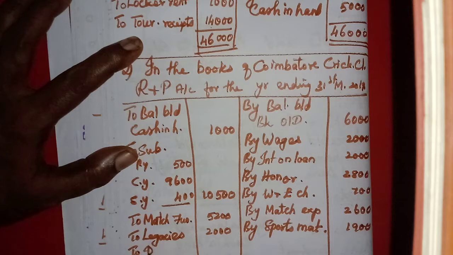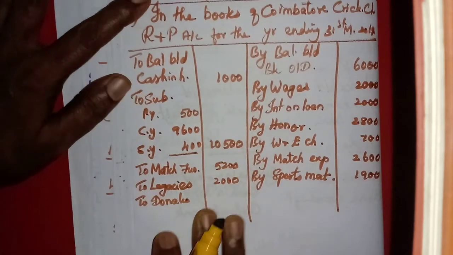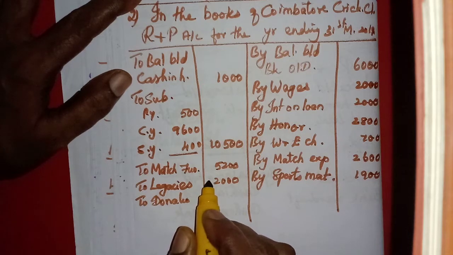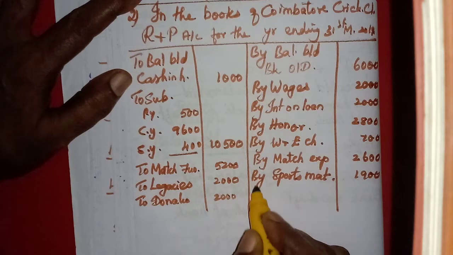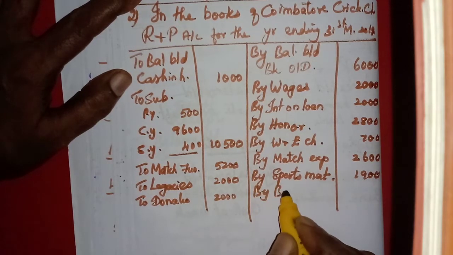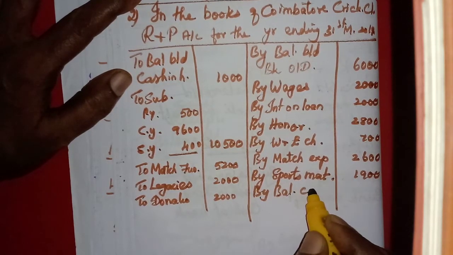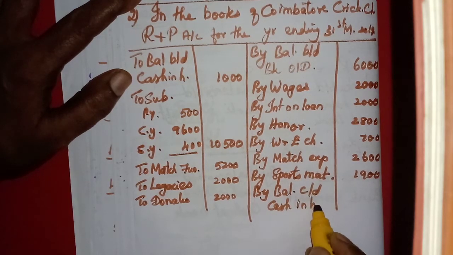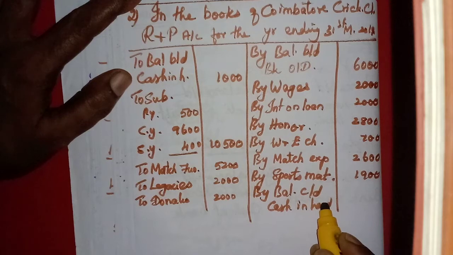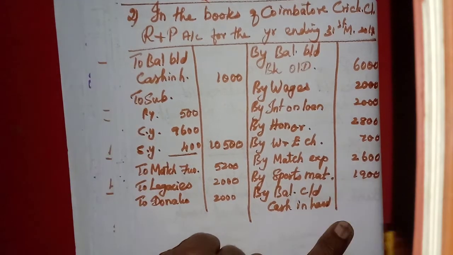So that we will write here, donations, 2,000. Now closing cash balance. So by balance carried down, cash in hand, 300.